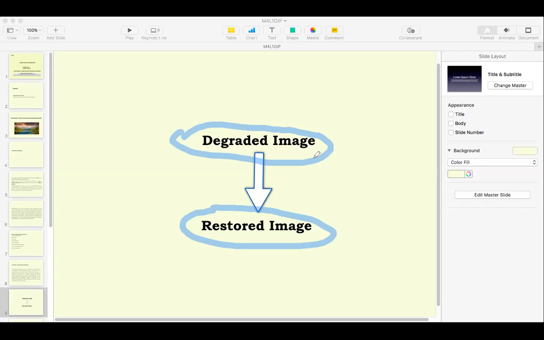Sometimes at the time of beautification we may lose some important structure information, but in case of image restoration this structure information is recovered as close as the original. This is the difference between enhancement and restoration.